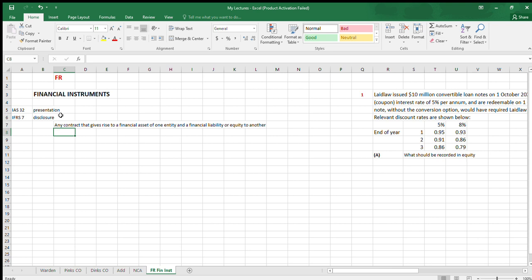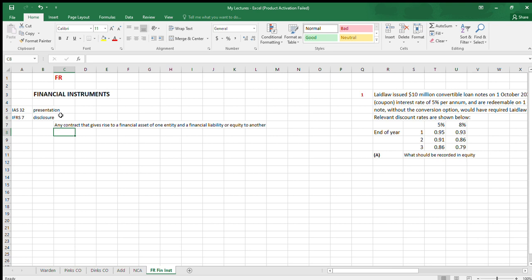Financial asset and financial liability, we will go there soon. Any contract that gives rise to a financial asset, in the sense that we are receiving an economic benefit, and at the same time gives a financial liability. We all know the double entry principle: debit the giver, credit the receiver.